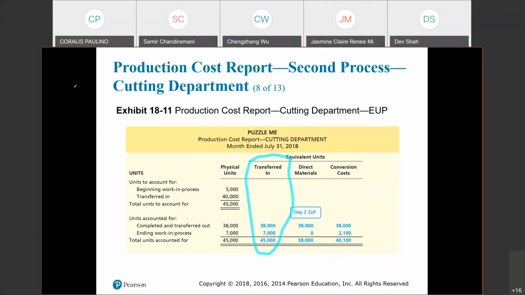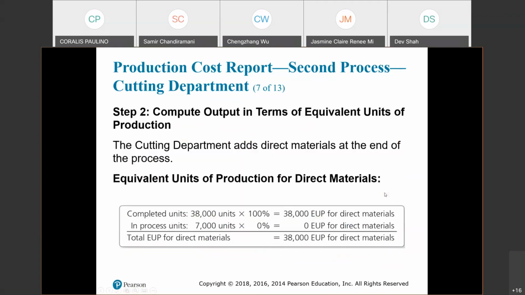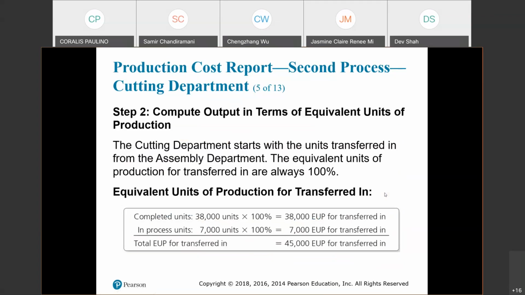So let's go back. And let's see these three parts one by one. For the transferred in cost, and again, the cutting department is the second department in the process system.